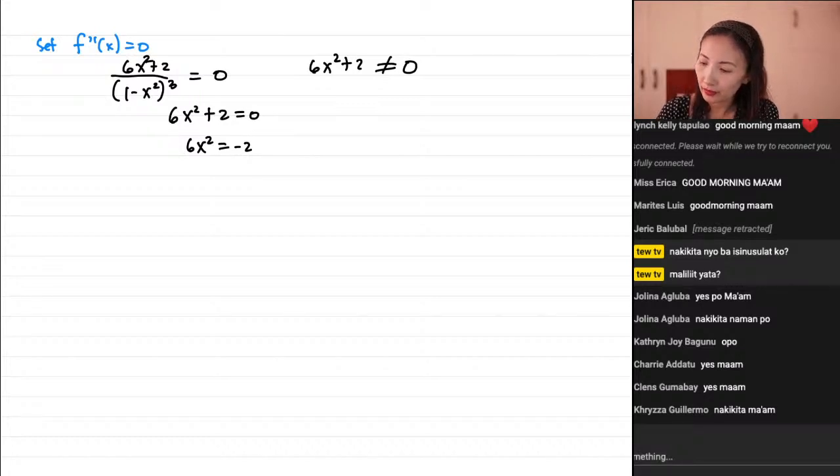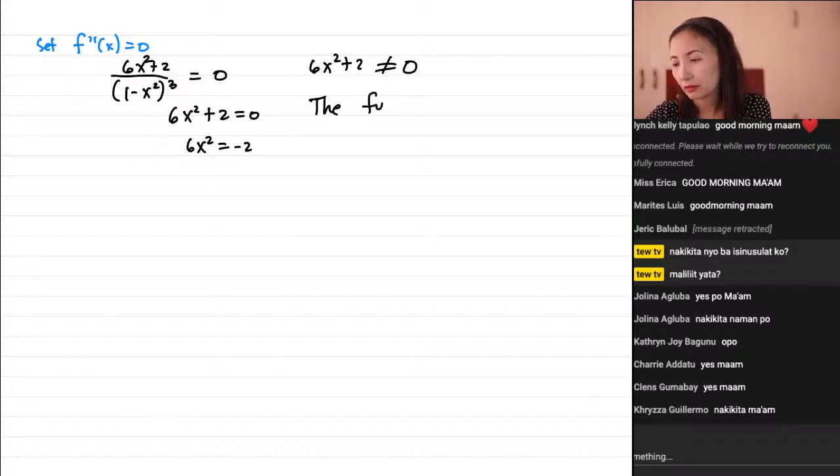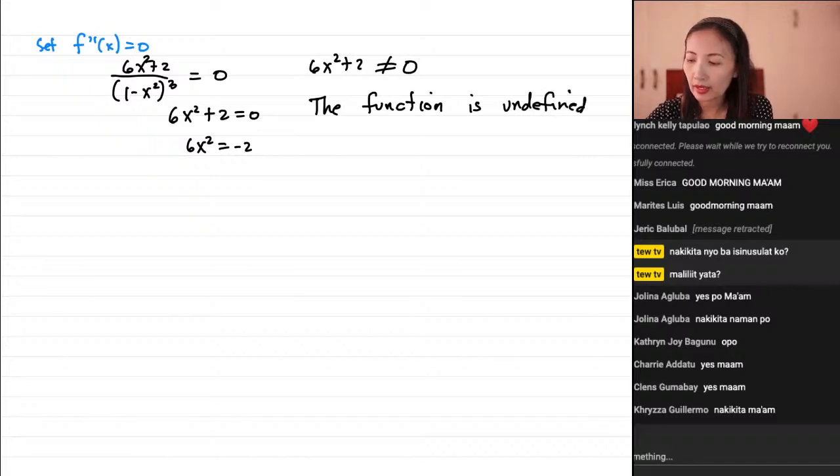Take note that the function is not defined at x equal to 1 and x equal to negative 1.